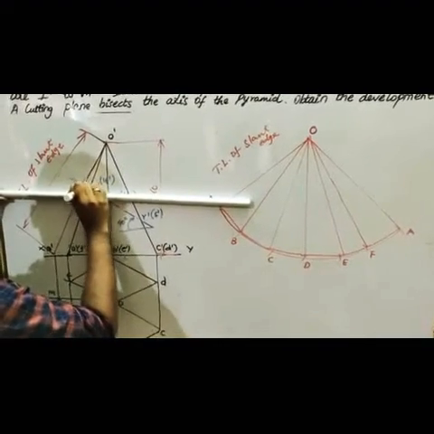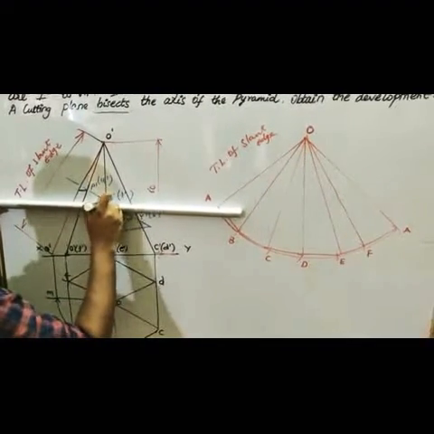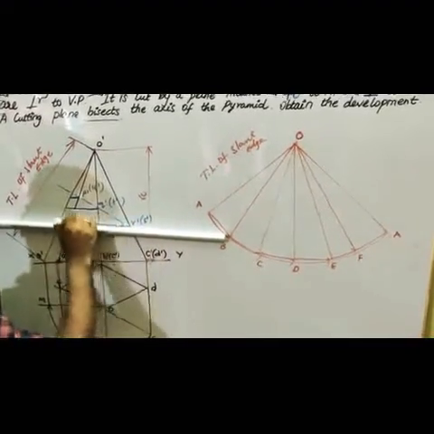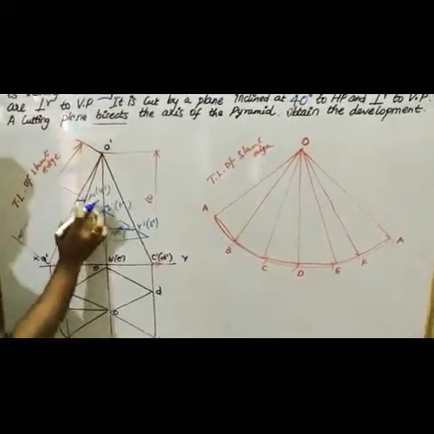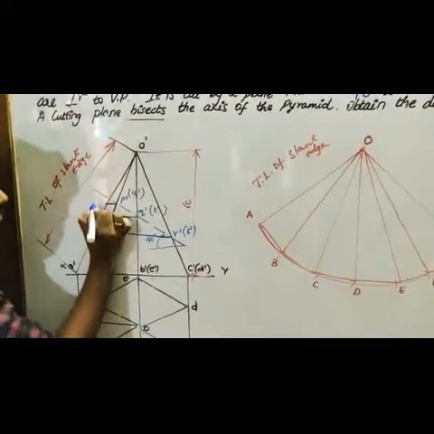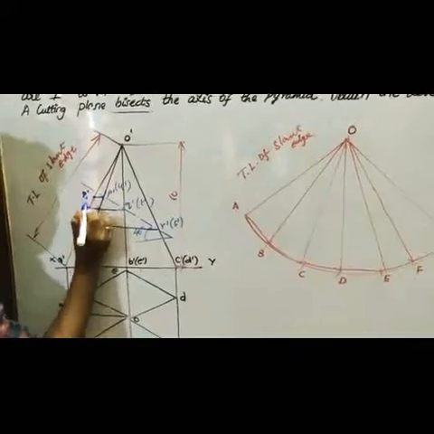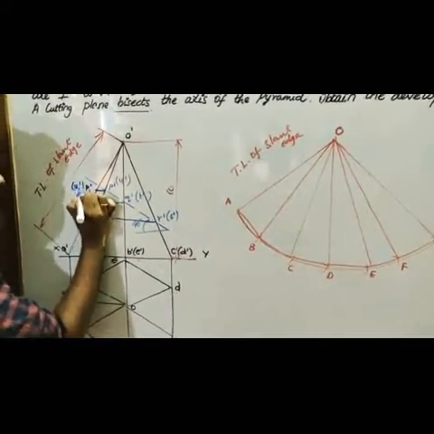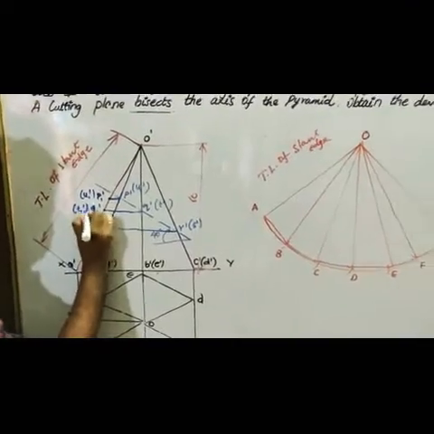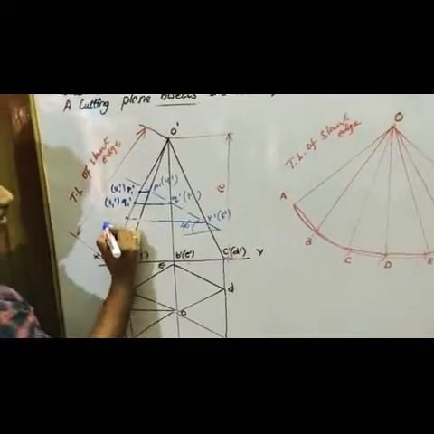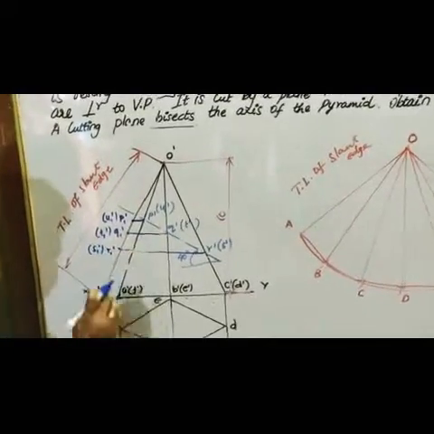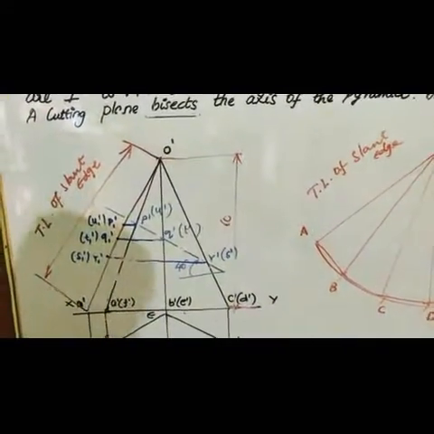I'm going to draw a horizontal line here, and one more line from here. So these are all 3 points, which are your P1 dash and U1 dash, this is your Q1 dash and within a bracket T1 dash, and this is your R1 dash and within a bracket S1 dash. So these are all the true lengths of your edges.